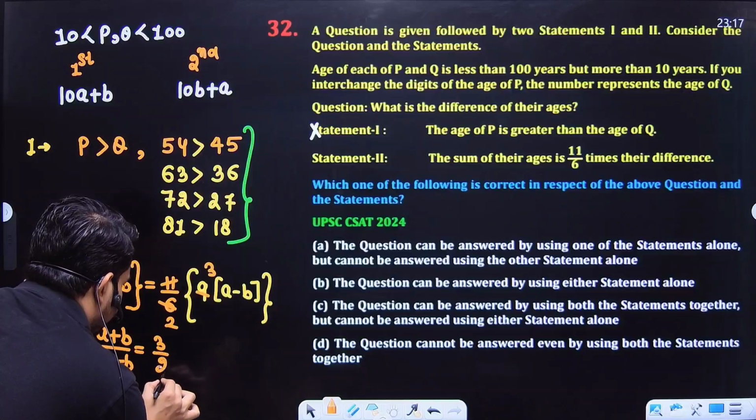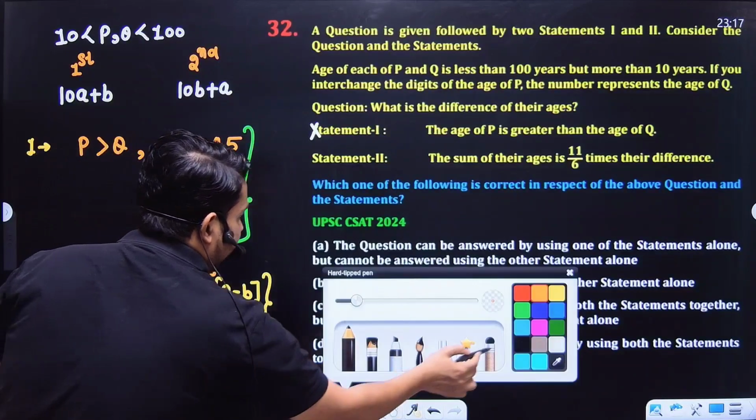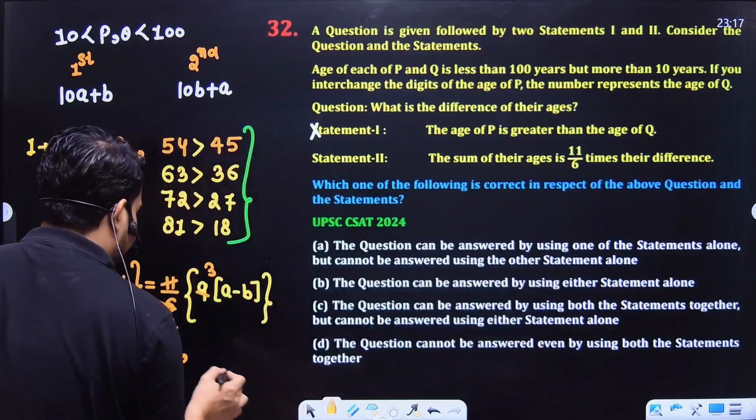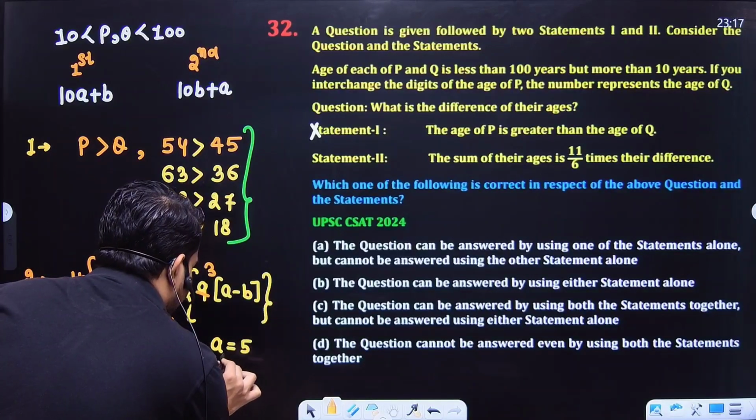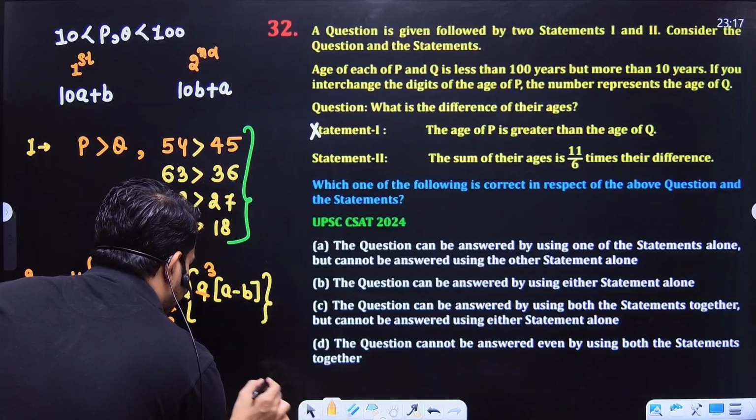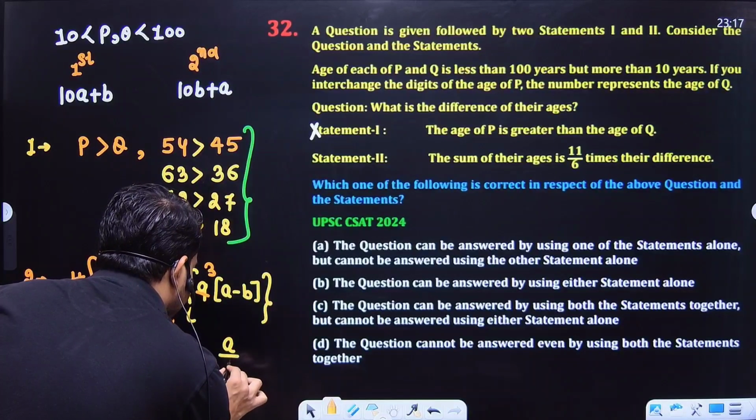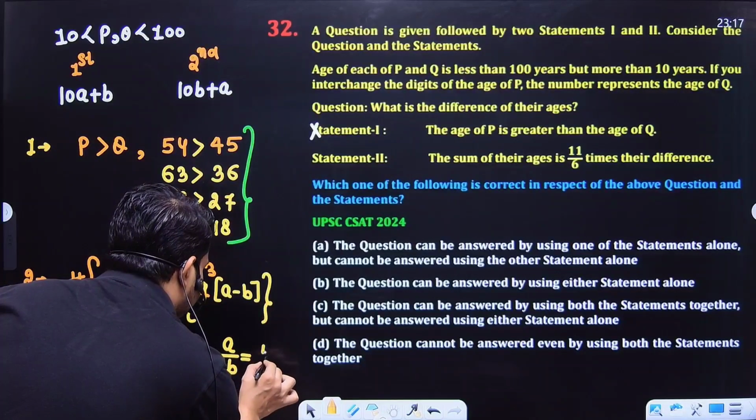If I solve it, I have A equal to 5 and B equal to 1. A upon B is equal to 5 upon 1.